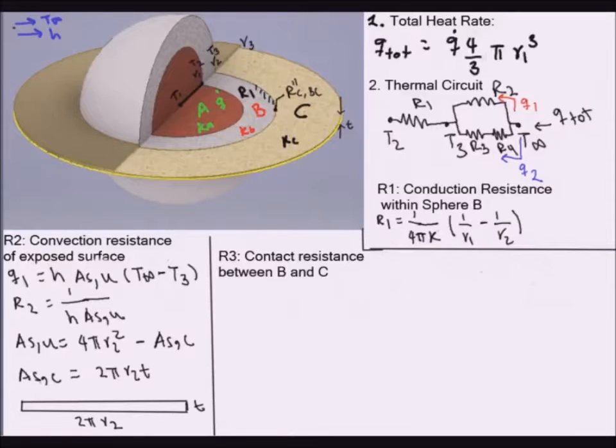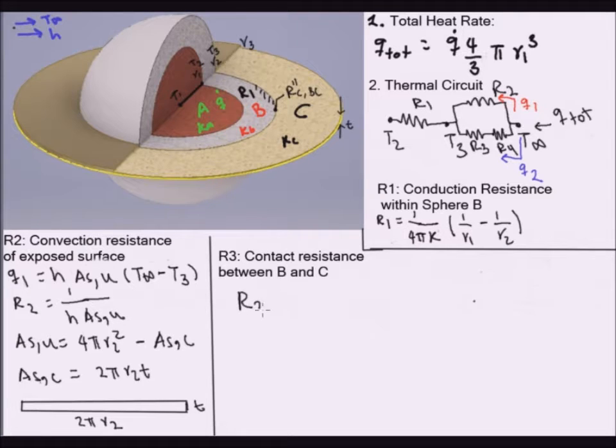Okay, so now R3, which is the contact resistance between B and C. So as you may recall, a contact resistance is expressed as a resistance per unit area, but the units are area units times Kelvin per watt, right? So in order to find the expression, we need to divide by the area.